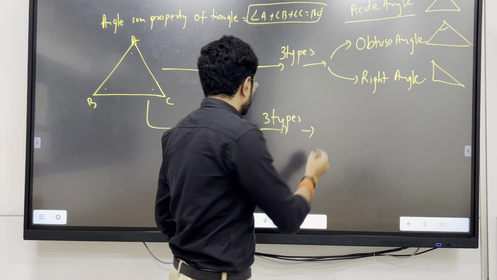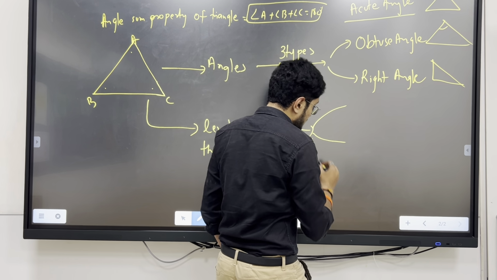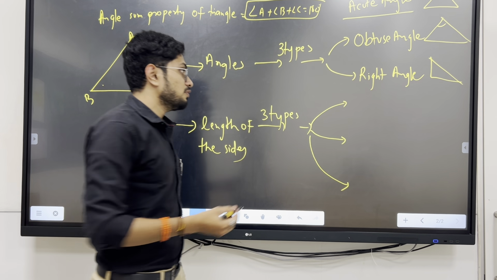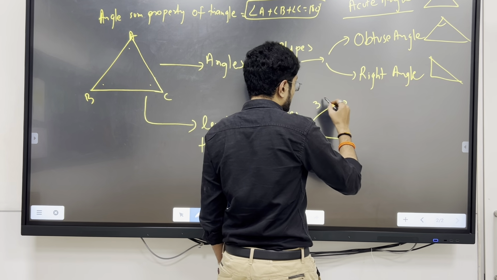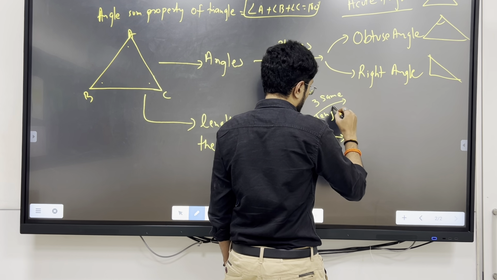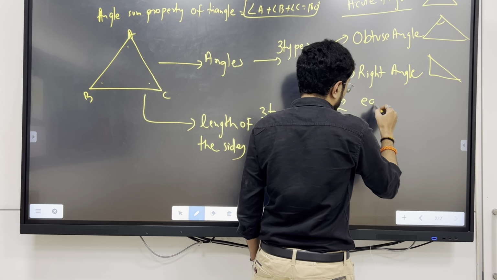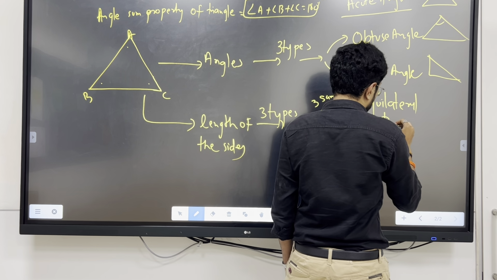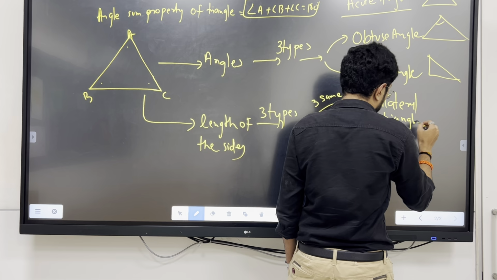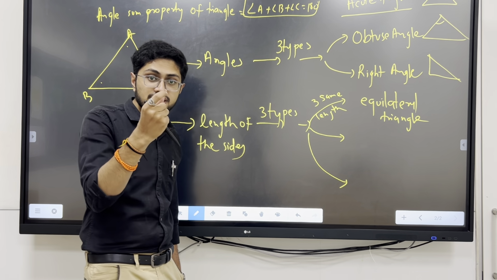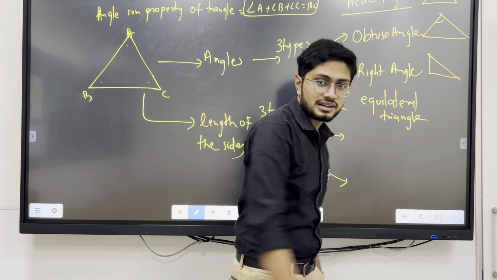Okay, then we have three types based on the length of the sides. If all three sides have the same length, then it is an equilateral triangle. If three sides of the triangle are equal in length, it becomes an equilateral triangle.